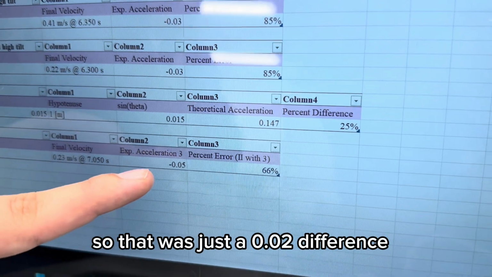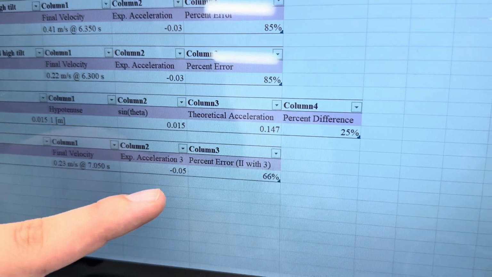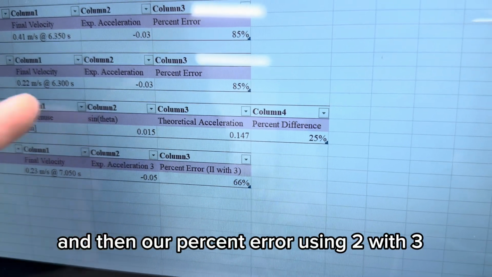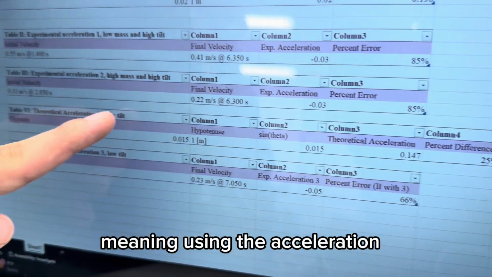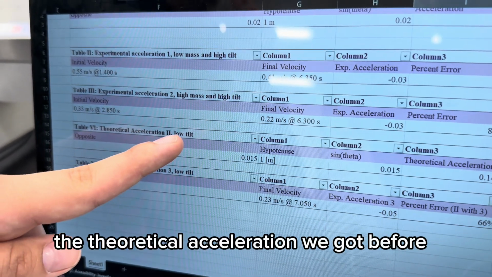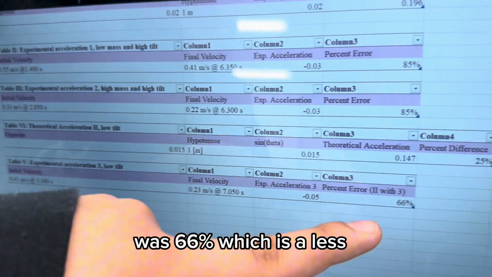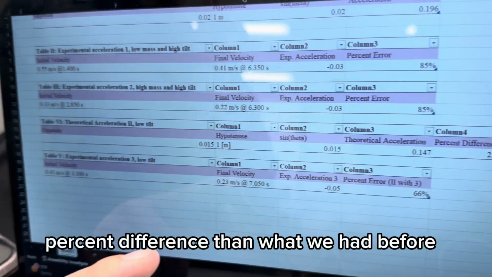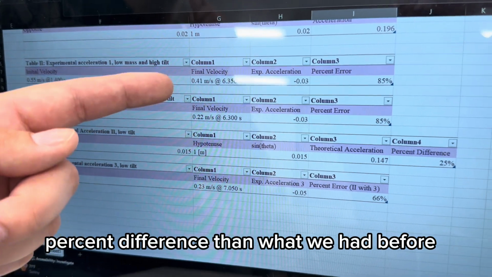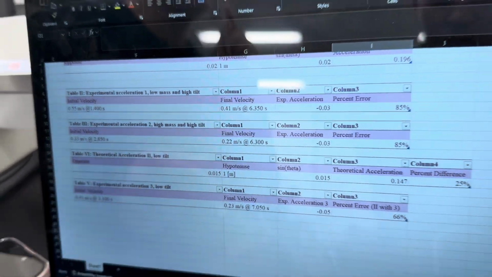So that was just a 0.02 difference. And then our percent error using the theoretical acceleration we got before and our experimental acceleration that we have now was 66%, which is a less percent difference than what we had before with the high tilt.